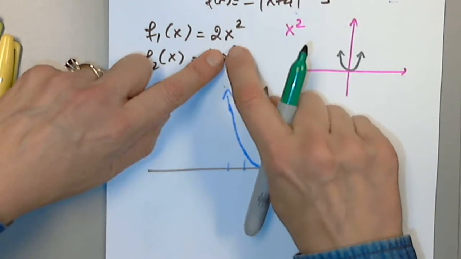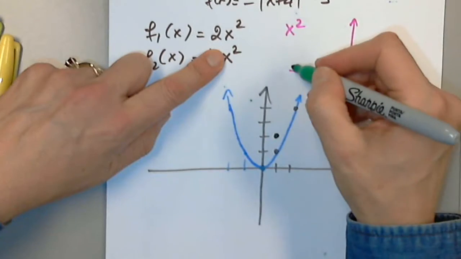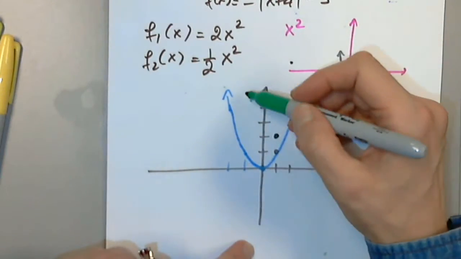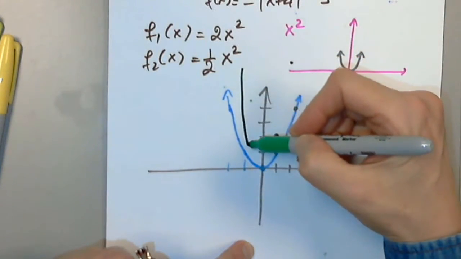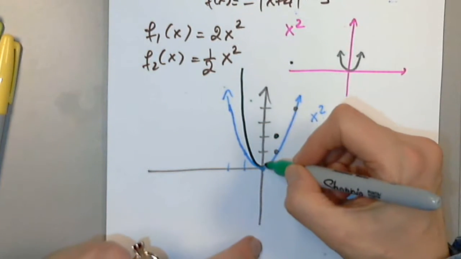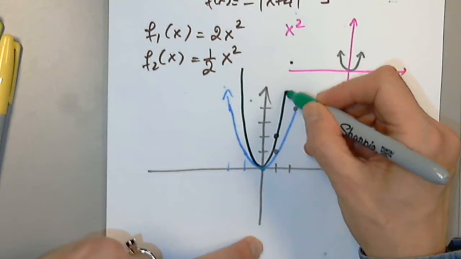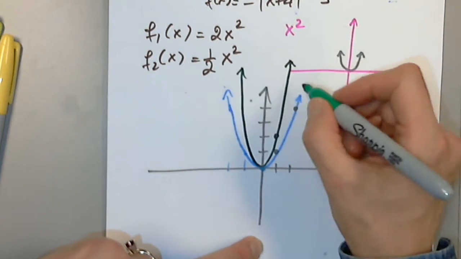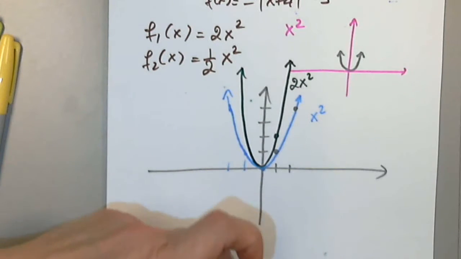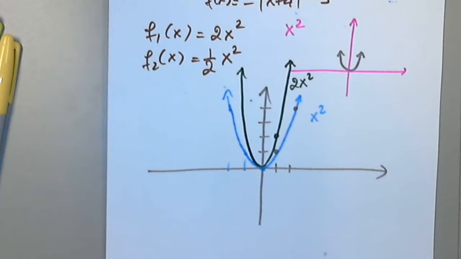Yes. 2 squared is 4. 4 times 2 is 8. So bear with me. I'm going to say this is 8. So here's what happens. This is twice x squared. So here's x squared. When I multiply it by a number greater than 1, which means I change the y values corresponding to each and every x value, here's what happens.